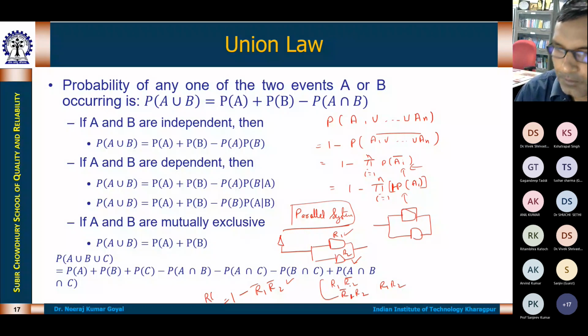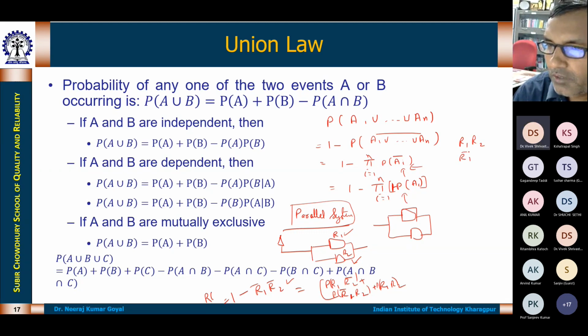That will be reliability. If I sum up these probabilities and if I take 1 minus this, both are going to be equal, because the total probability of R1 working R2 working, R1 not working R2 working, R1 working R2 not working, R1 not working R2 not working, is equal to 1.